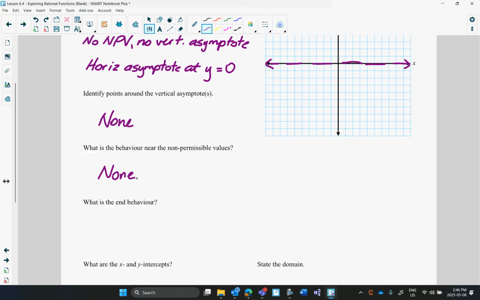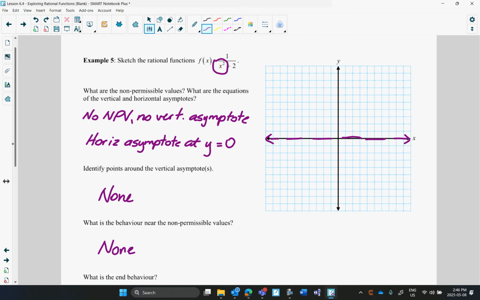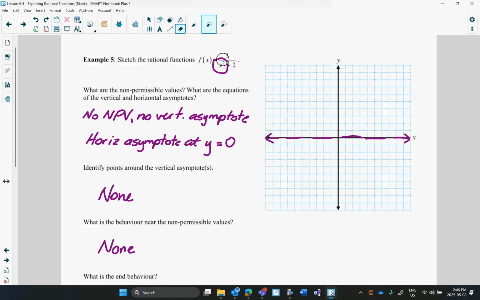But what's the end behavior? Think about it. As x keeps getting bigger and bigger, what happens to this? It keeps getting smaller and smaller.